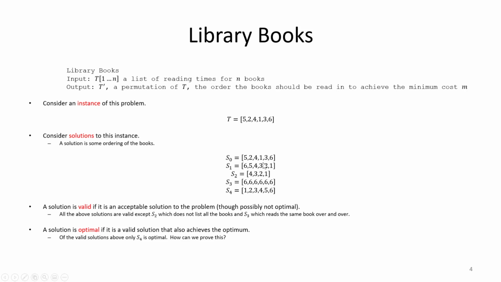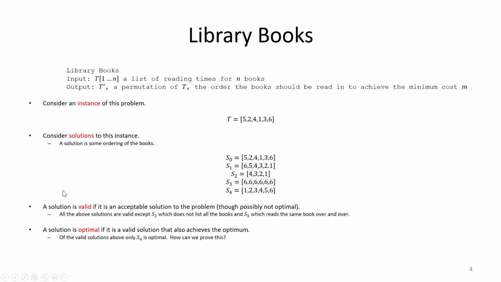Here we're just looking at the time it takes to read the books. Now if we look at S2, it is an ordering of some books, but you'll notice it's missing some books. S3, also an ordering of books, but it's just a single book repeated over and over again. So it's missing books, but it's also repeating books. A couple problems there. And then the last solution, again, doesn't seem to have any of those problems.